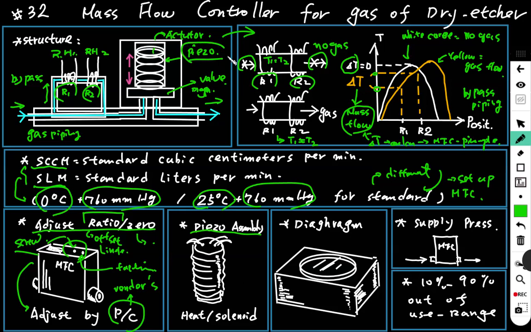This is the piezo assembly. It may get dirty or damaged by the chemical gas over a long process use. You can renew a new one if you have spare parts, or try to clean it or repair it.